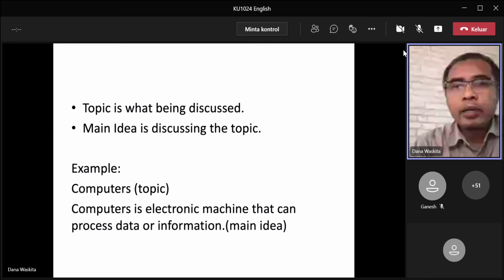That is the main idea. So it is a complete thought about the topic. The structure that has a complete thought is called a sentence. So the main idea is a sentence, but the topic is not a sentence. So that is another difference between topic and main idea. Do you understand it so far?